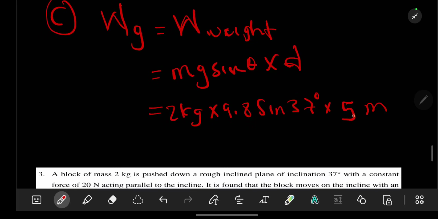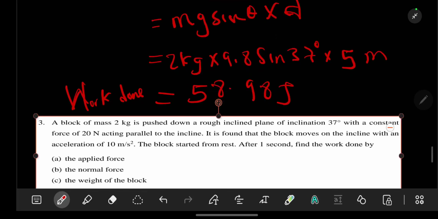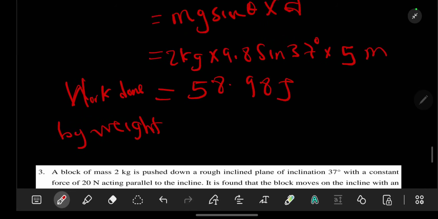So we have 2 times 9.8 times sine of 37 degrees. Then we multiply by 5. This gives us a value of 58.98 joules. So this is our work done by the weight.